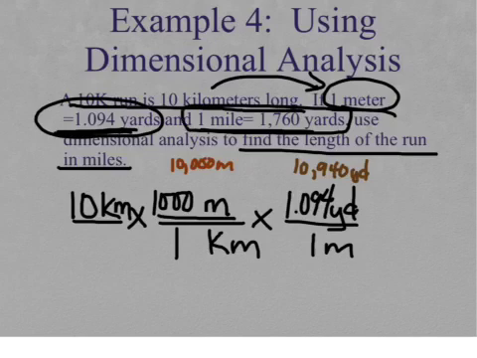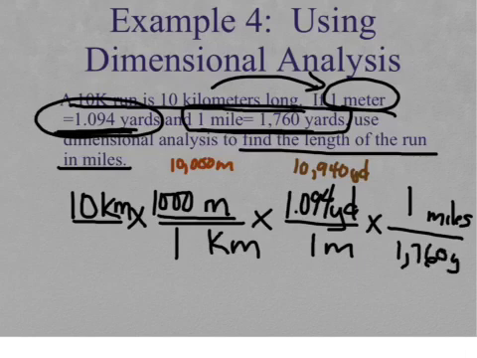Now that we're in yards, we're going to move to miles, because we've got a unit relationship. 1 mile is to 1,760 yards. So can you guess what I'm going to put at the top since I want to change it into miles? Yes, miles. So I'm going to put miles here. 1 goes at the top, and 1,760 yards go at the bottom.